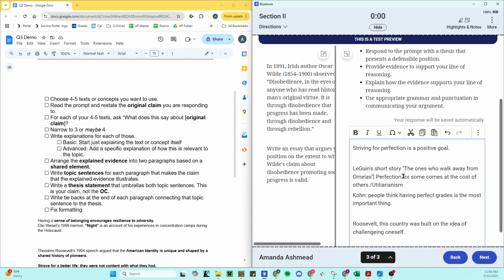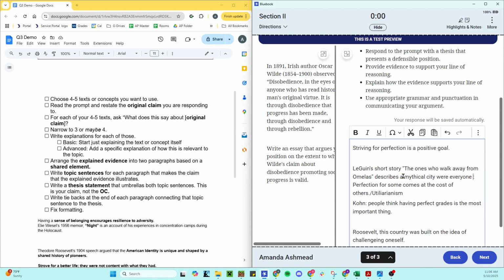And I just need to tell the backstory, right? Just what happened. So I'm going to say something like, Le Guin's short story, The Ones Who Walk Away from Omelas, is really like a fable almost, right? It describes a mythical city where everyone appears, and I want to use the word perfect because I know I'm going towards that whole perfect thing, right? Appears to live a perfect life.